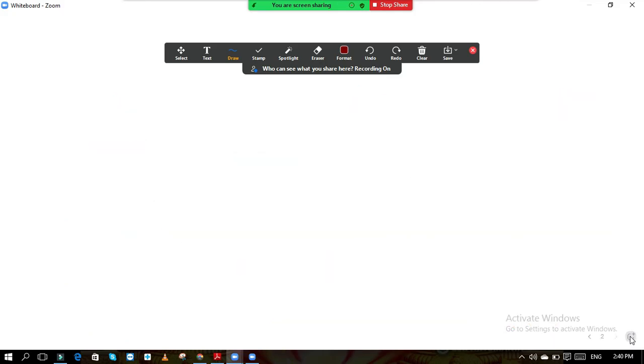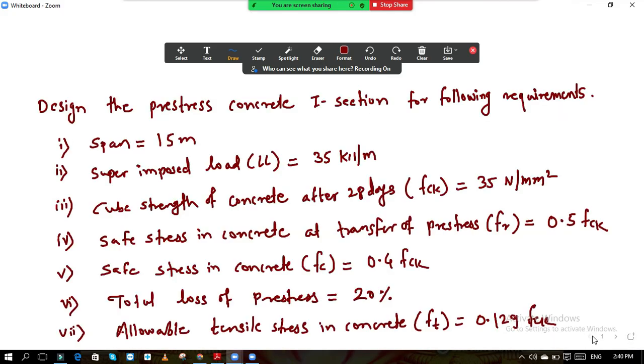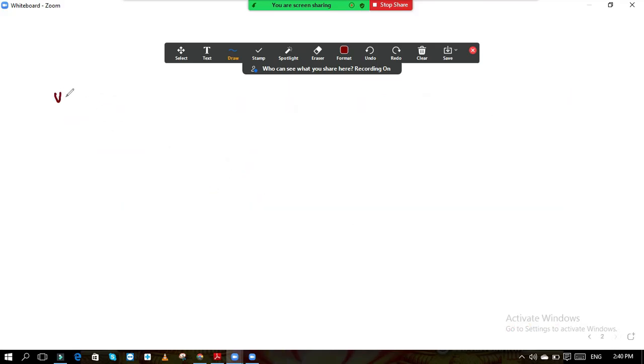This is the given data. We have not started the solution. So these points are given, 7, then 8. Ultimate stress in steel. This is given as 1500 Newton per mm square.